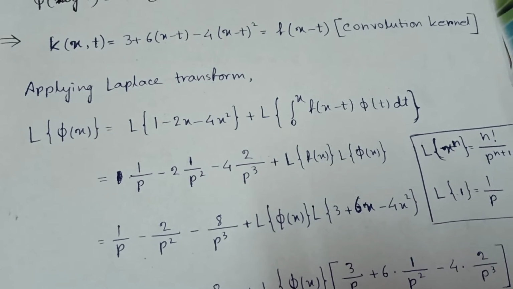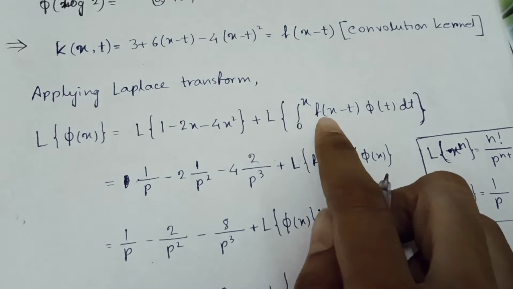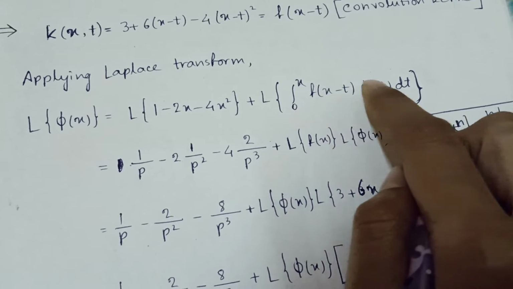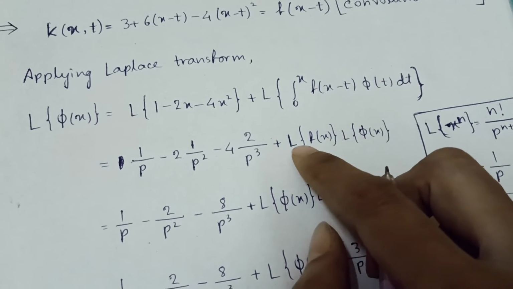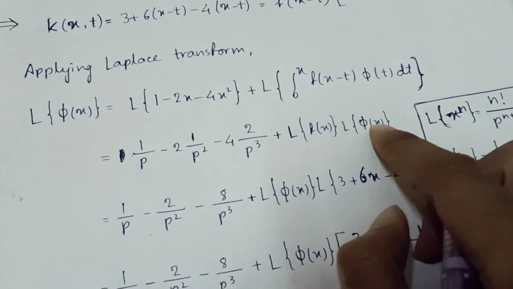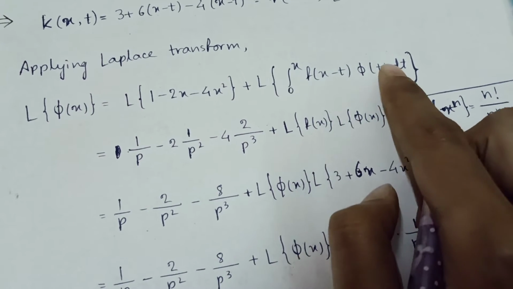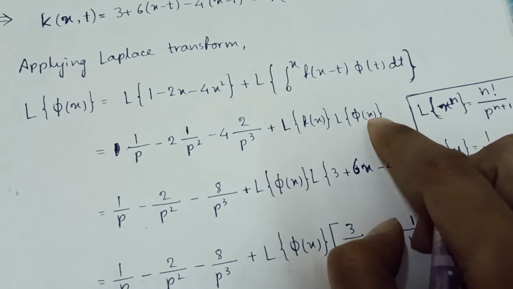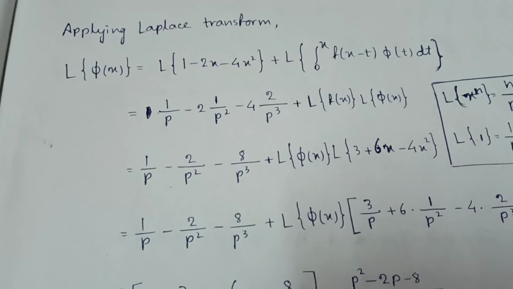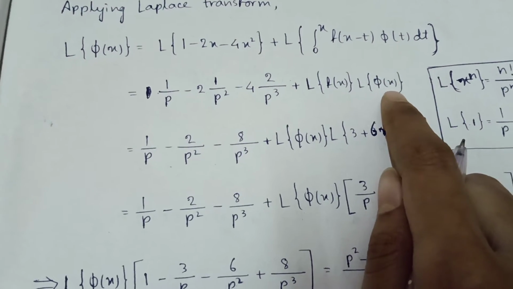According to the convolution theorem in Laplace transform, L of the integral from 0 to x of f(x minus t) phi(t) dt is L of f(x) times L of phi(x). So x minus t is replaced by x and phi(t) is replaced by x again. This is the convolution theorem for the Laplace transform.